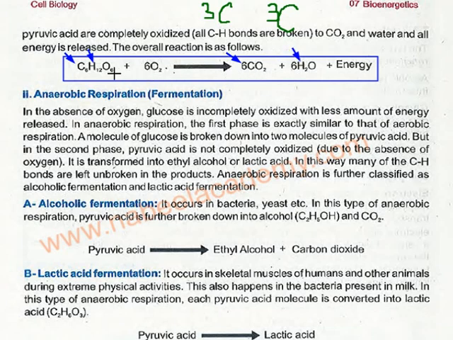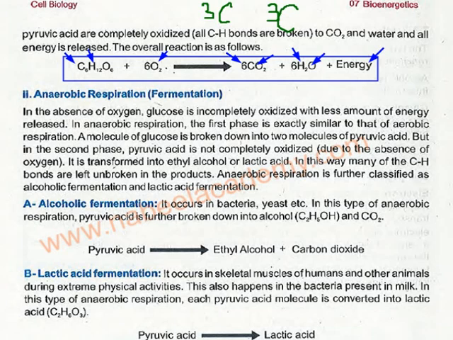Oxygen: here 6, and then 6 twos are 12, so 18 oxygen, and here also 18. If you count all the atoms, they will be the same in number. Why? Because the equation is balanced, and we get energy also.